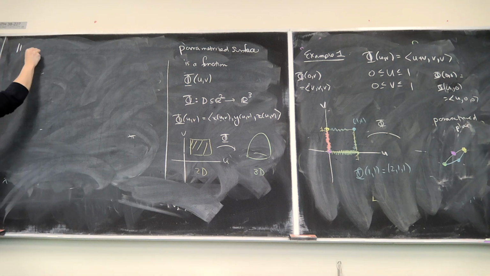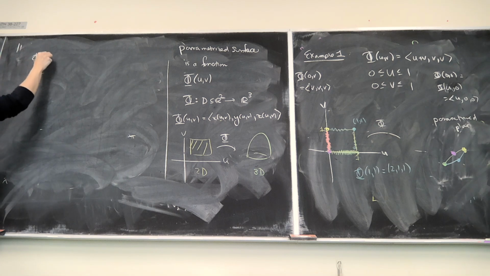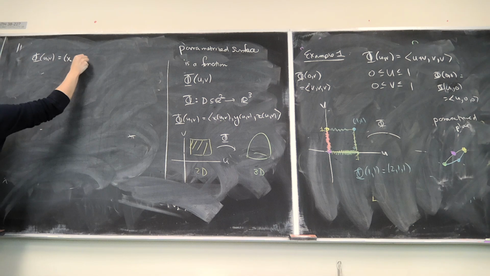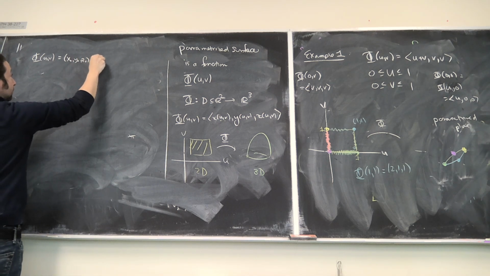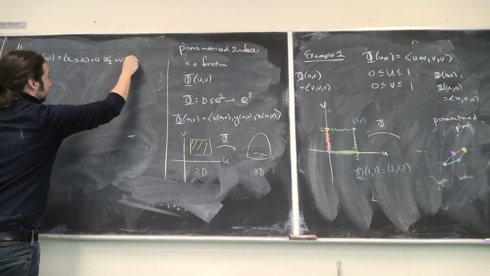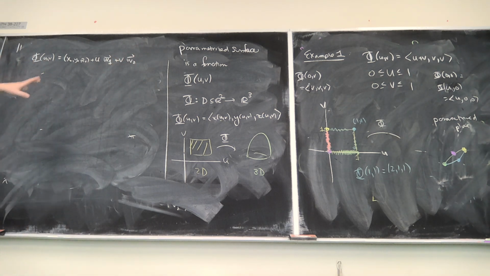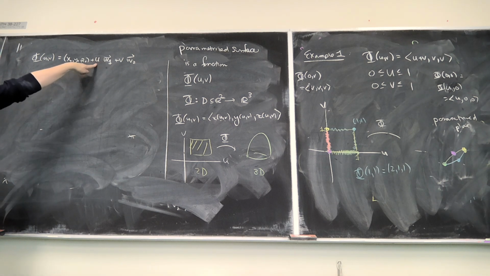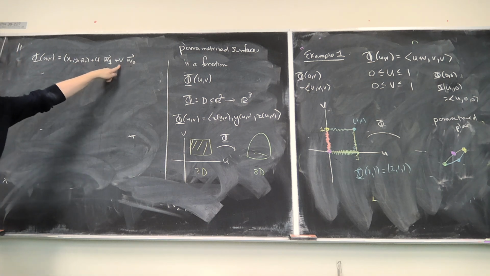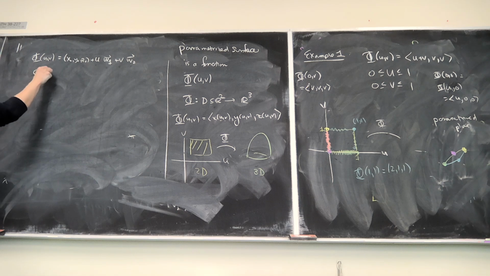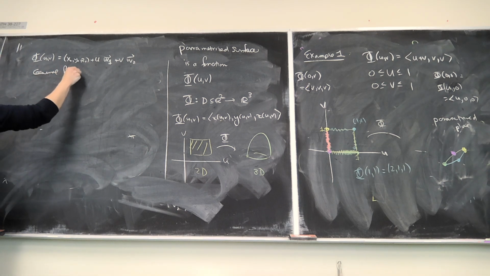If you write the map phi of u and v equal to an initial point x naught, y naught, z naught, plus u times some first vector plus v times some second vector, anything that you write down with that description will be a plane. That's sort of your anchor point. This says there's one direction you can travel scaling by u and another direction you can travel scaling by v. So this is the general form of a parametrized plane.